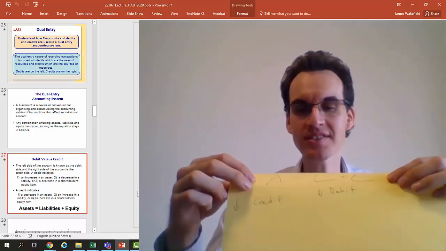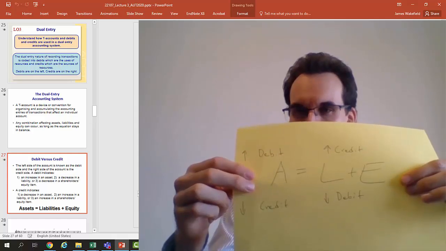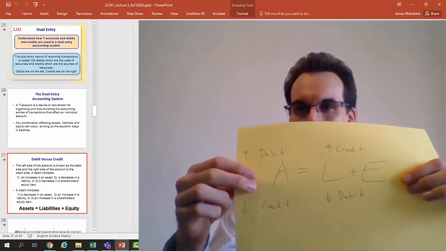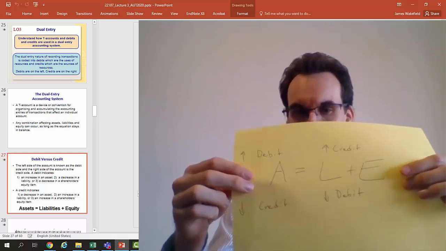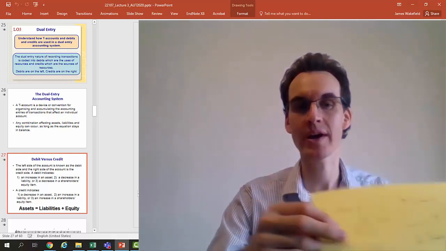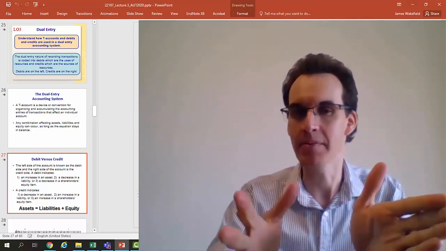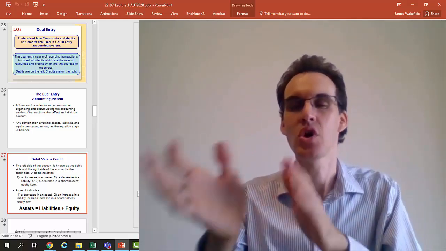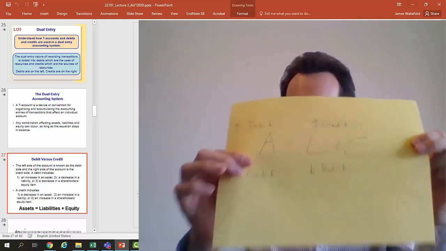As you can see here, if we are using the debit and credit terminology to refer to accounting transactions and whether or not we are increasing and decreasing accounts, every single transaction that we record needs to have a matching debit and credit effect for our accounting equation to stay in balance.